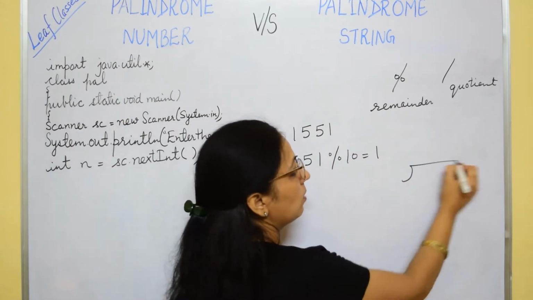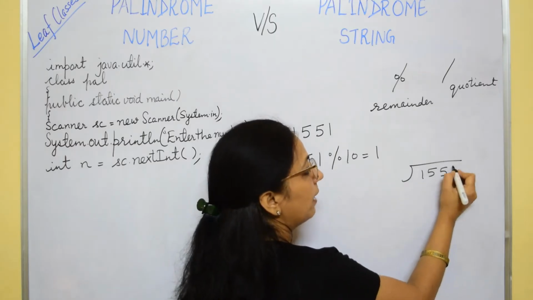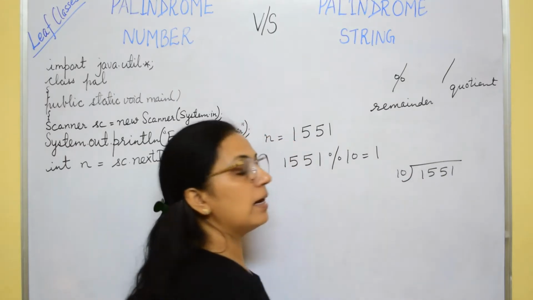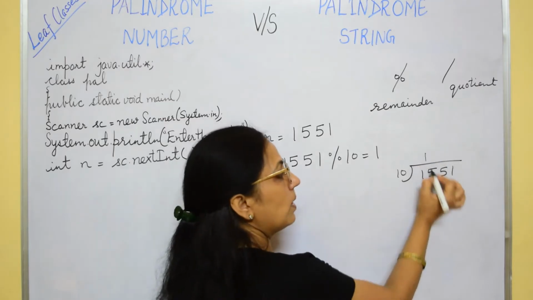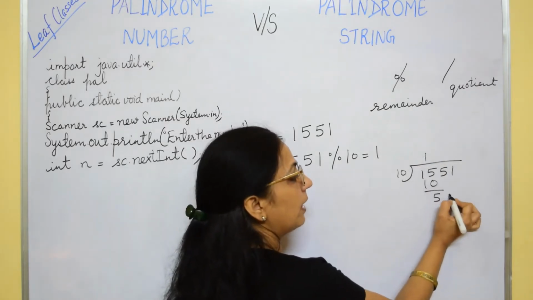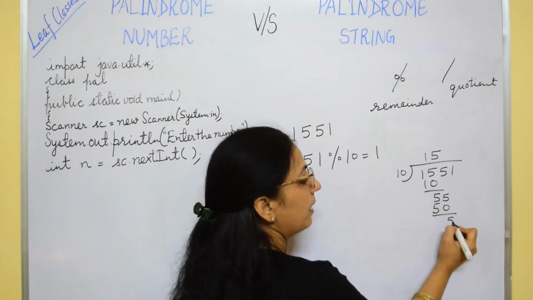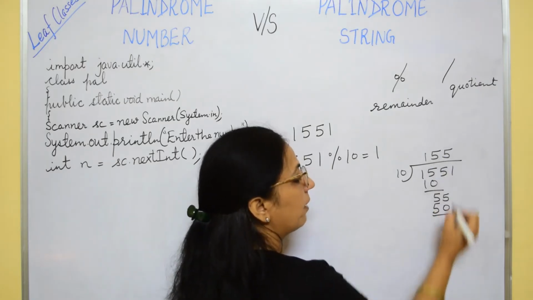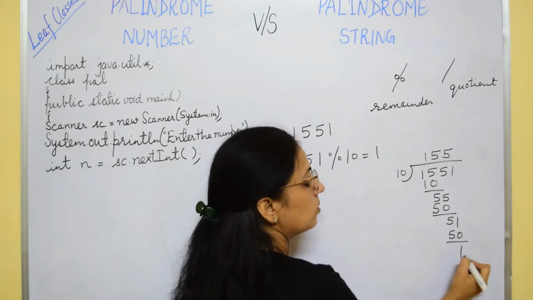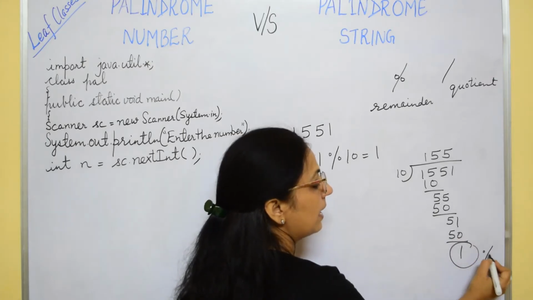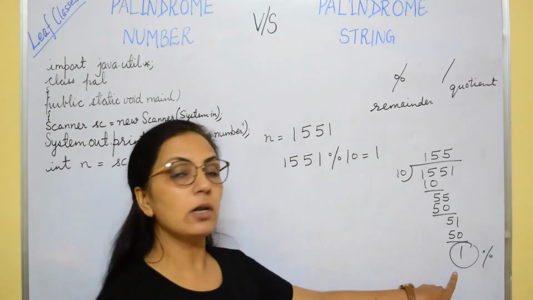Let me explain this. 1551, if we divide the number by 10, 10 ones are 10, remainder is 5, we copy 5, 10 fives are 50, remainder 5, we copy 1, 10 fives are 50, and this is 1. So 1 is what we get when we use the modulus operator.